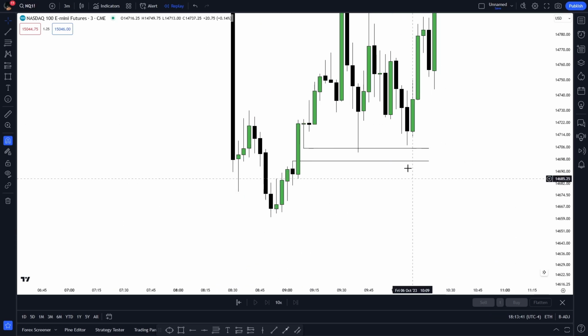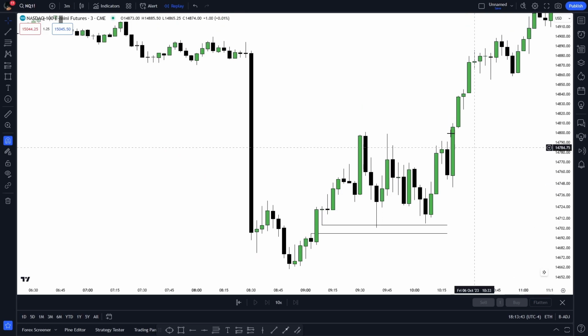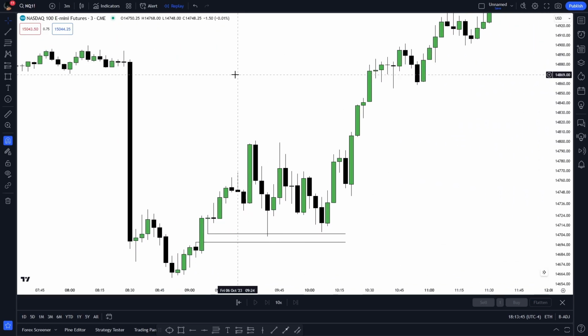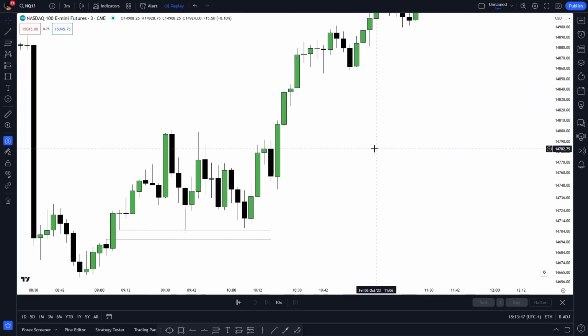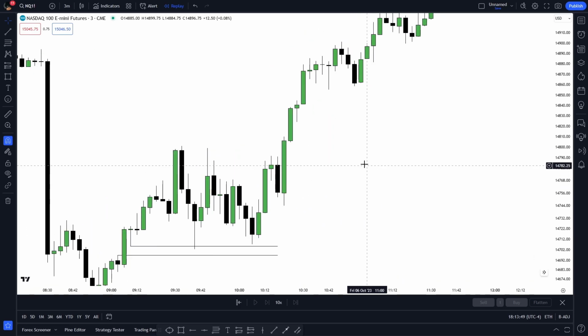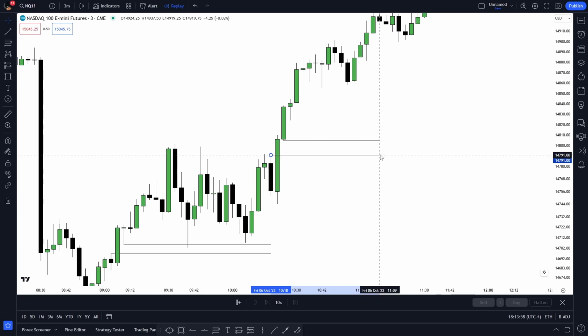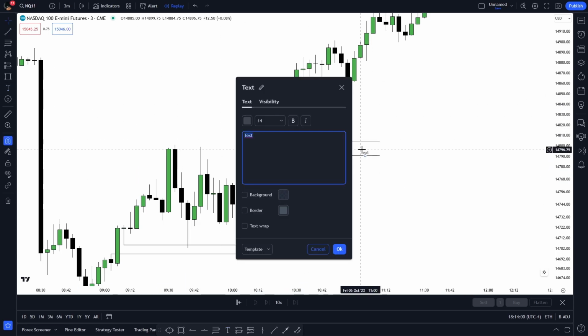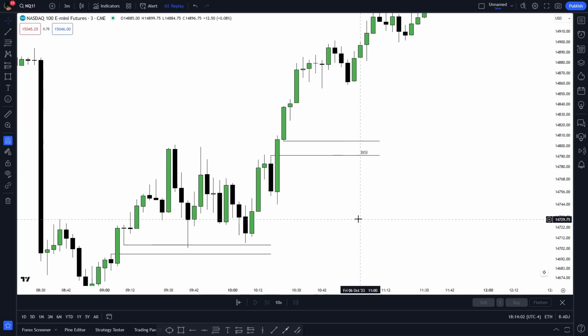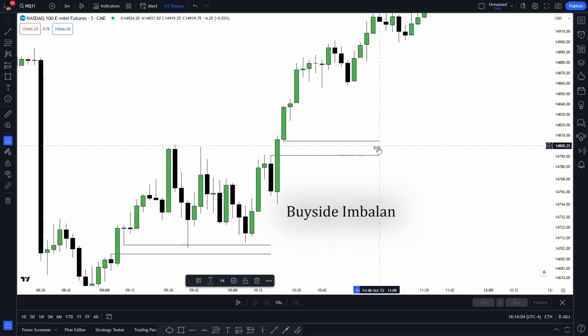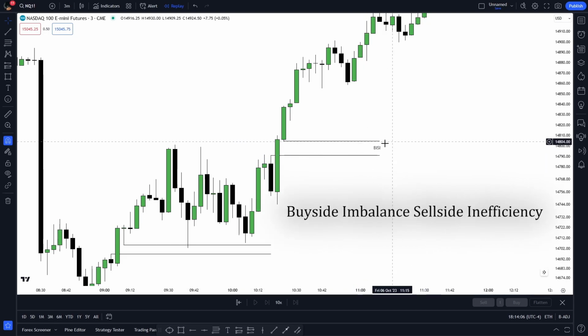Okay. And I want to include something real quick in case you are confused when you hear this. A lot of ICT traders talk about this, right? A bullish fair value gap could also be referred to as a BISI, a buy side imbalance, sell side inefficiency.